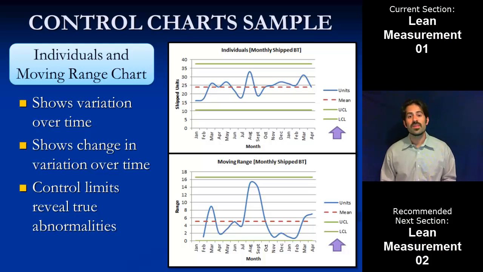Something happened here that we need to go investigate. As long as, in this case, the blue line stays within the green lines, everything's okay, and that's normal process variation. It's when it crosses one of those control limits that's a red flag to us that something's happened, and we need to go investigate.